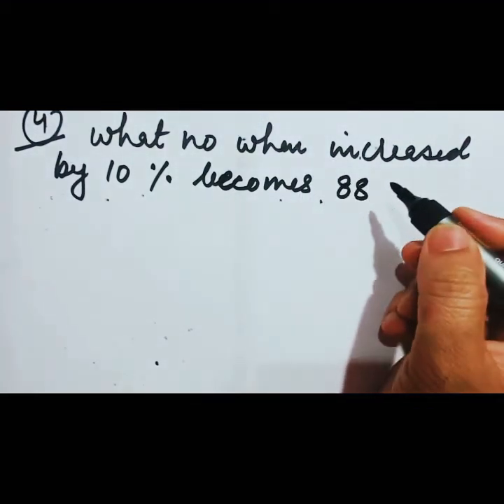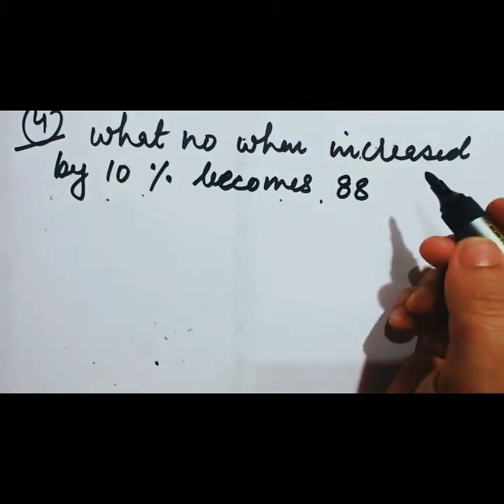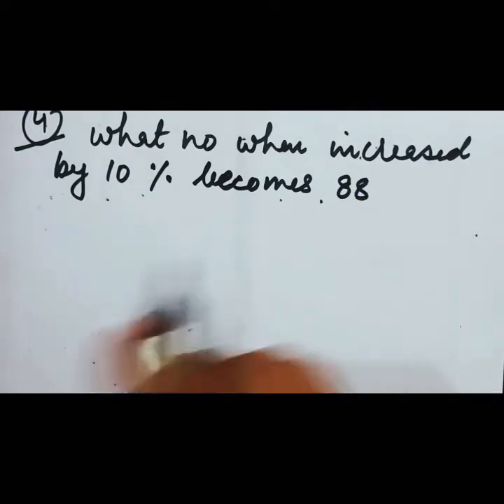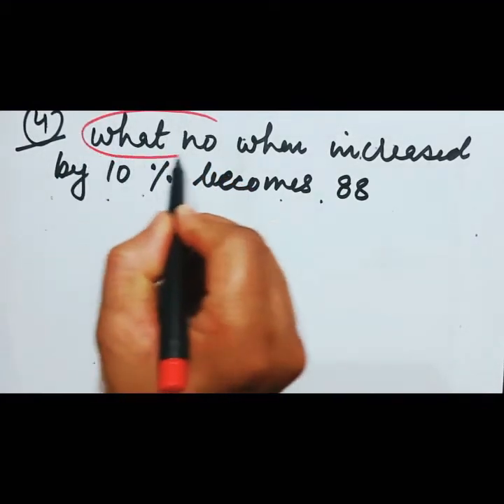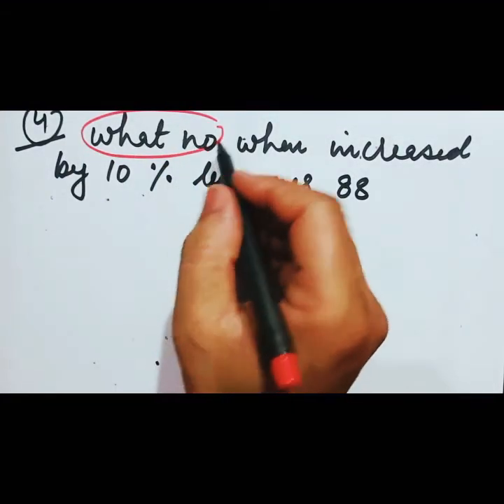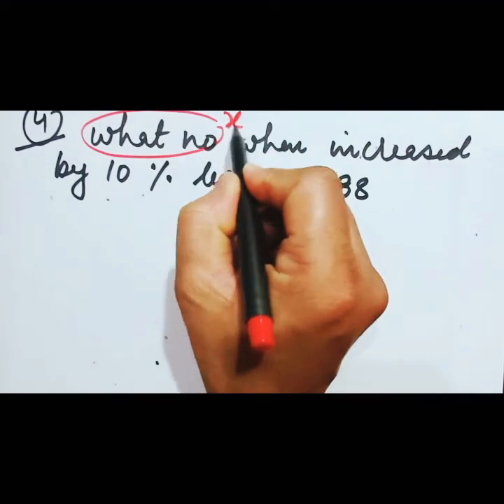Try to understand this. What number? Do you know the number? I do not know the number. Since I do not know the number, naturally this should be taken as a variable x. Let us take this as x.